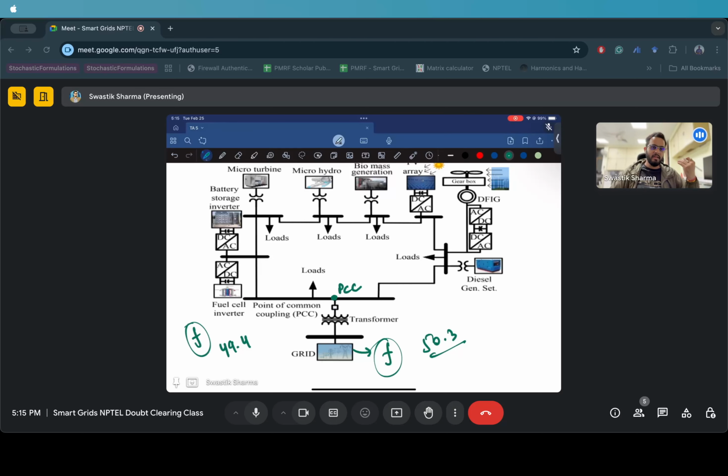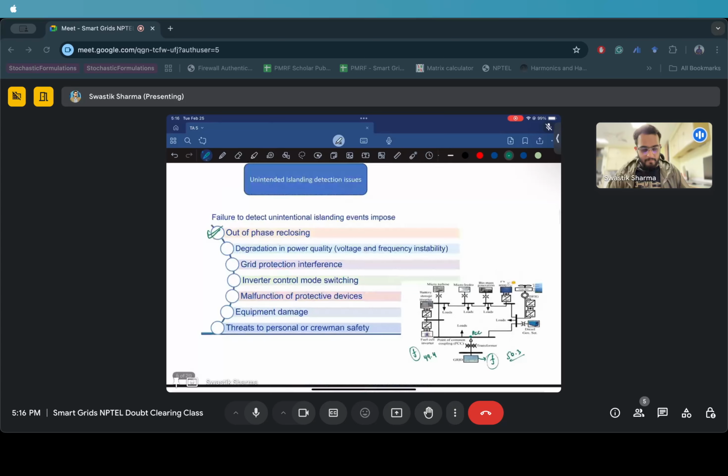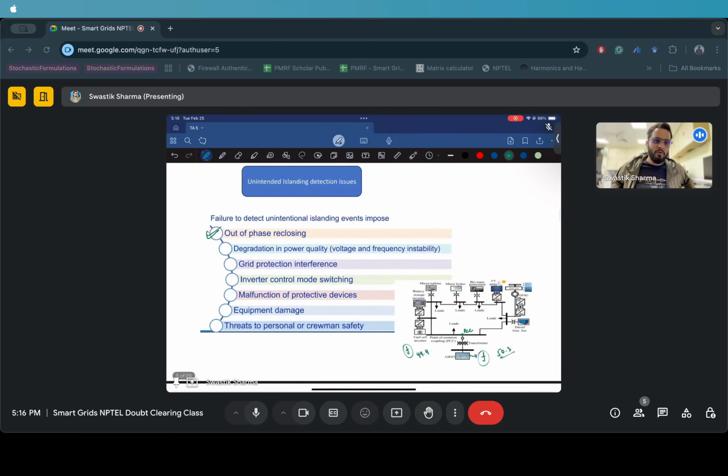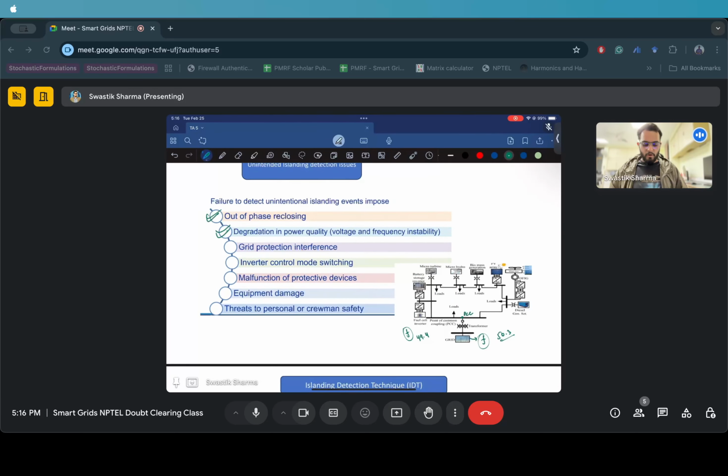For example, there can be unintentional voltage surges or swells, and there can be frequency deviation, frequency dropping to the lower limit of the operating limit, right? So this happens when there is out-of-phase reclosing or improper reconnection, and this is how degradation in power quality also happens.